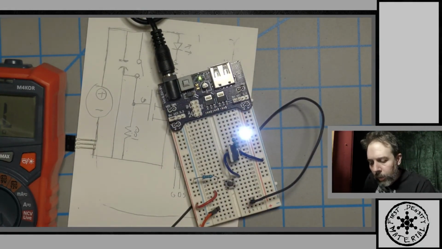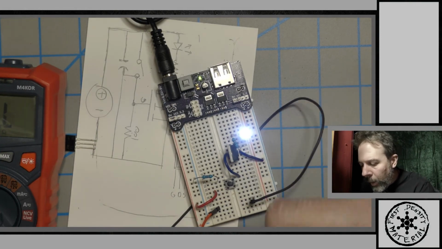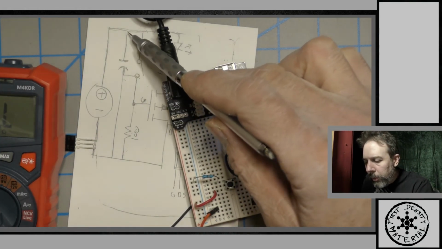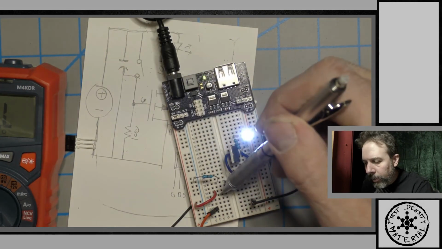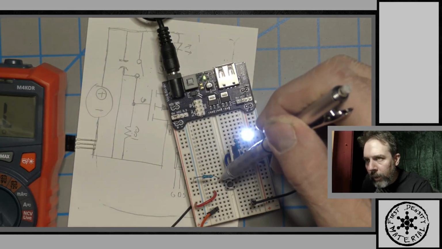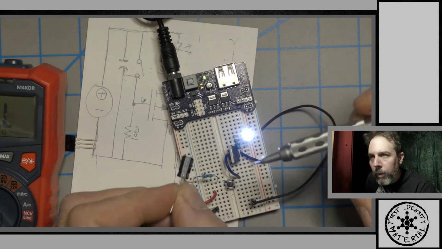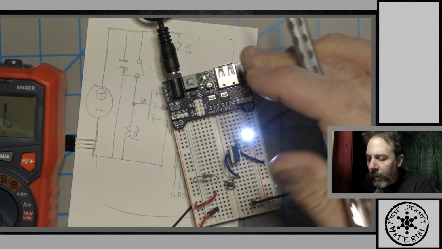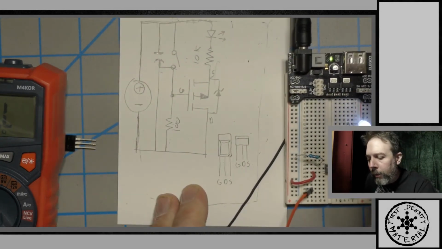So what we want to do is have it so it slow bleeds on. In this case, we have to hook the capacitor up between the positive, this, and the negative, this. If you look at the capacitor, it has a negative stripe on it. This is a 47 UF capacitor.